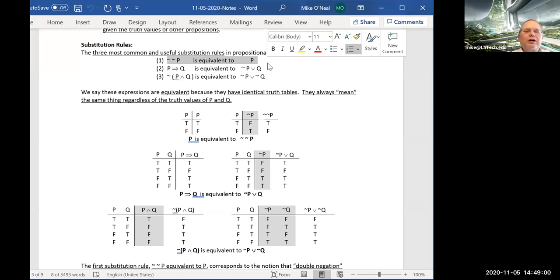And why? Well, because logically, 2 nots cancel each other out because a not flips the meaning of a variable, and if you flip it twice, you're back to where you started. We refer to that in English as double negation, right? So you're strongly encouraged not to use double negation in English.